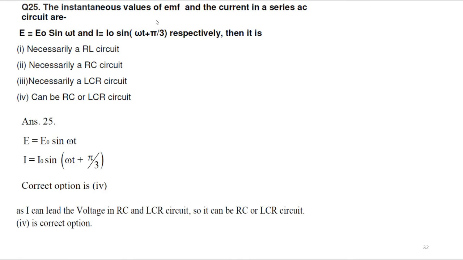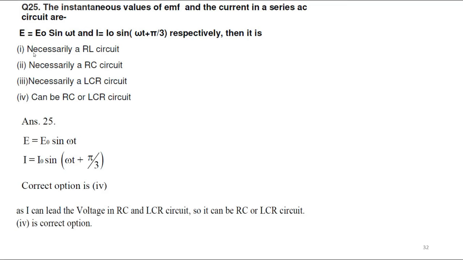Question number 25. The instantaneous values of EMF and the current in a series AC circuit are E is equal to E naught sin omega t and I is equal to I naught sin of omega t plus pi by 3 respectively.